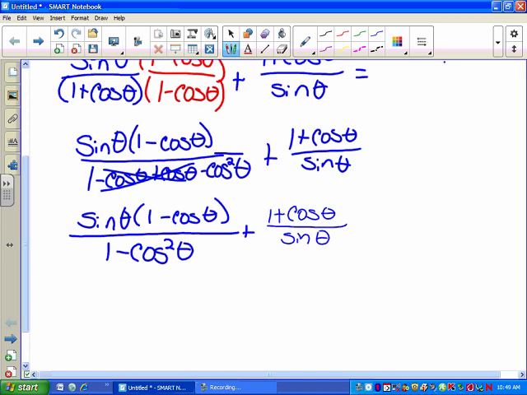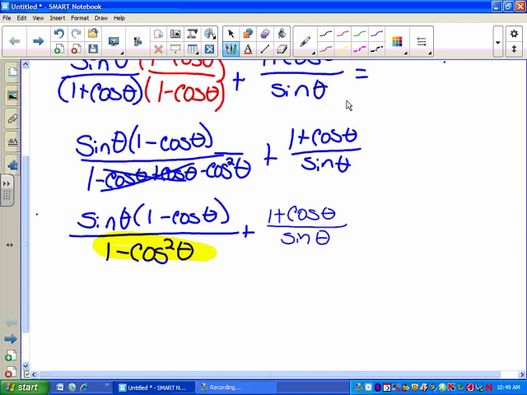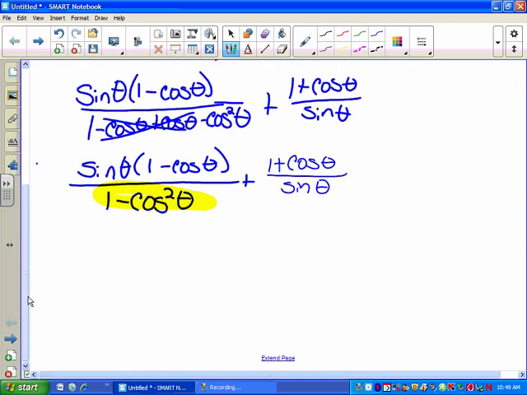Now, look at your identity sheet. Look right here. Check your identity sheet. Do you see an equivalent value that we can exchange for that 1 minus cosine squared theta? 1 minus cosine squared theta is equivalent to sine squared theta.